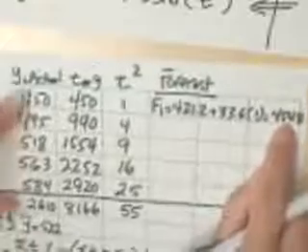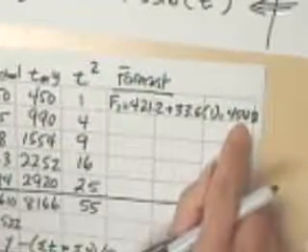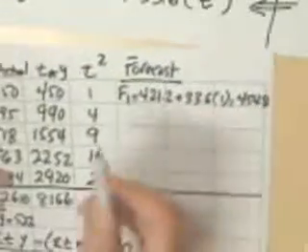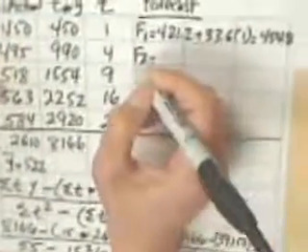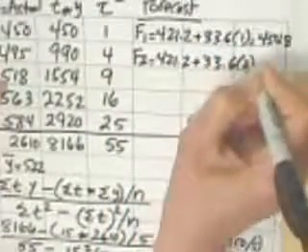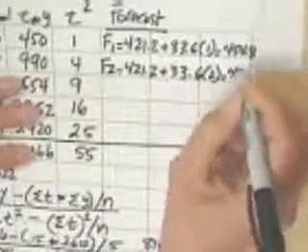Now you have an actual for time period 1, you have a forecast for time period 1, and you can do error analysis. Forecast for time period 2 is 421.2 plus 33.6 times 2, and that number will be 488.4.